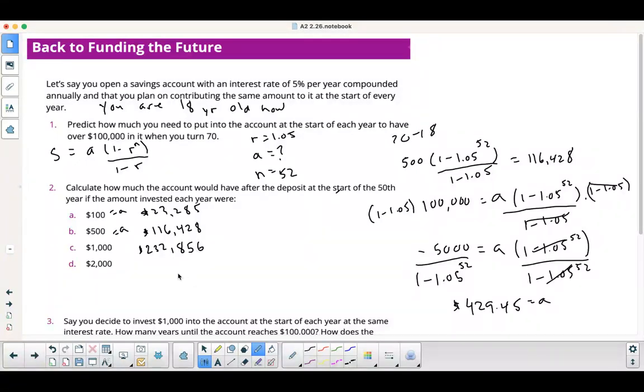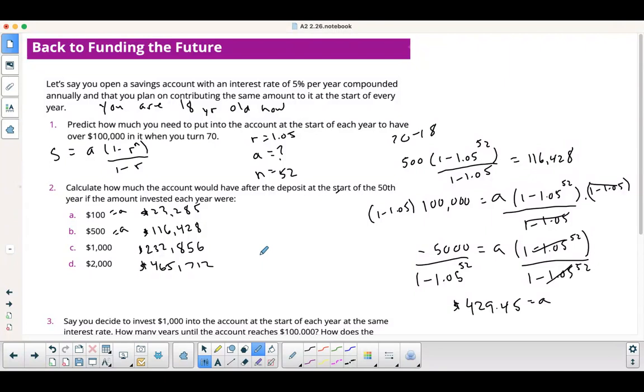And if I changed it to 2,000, I'd have $465,712. So kind of crazy how much money you could have if you just put a little bit away each year.